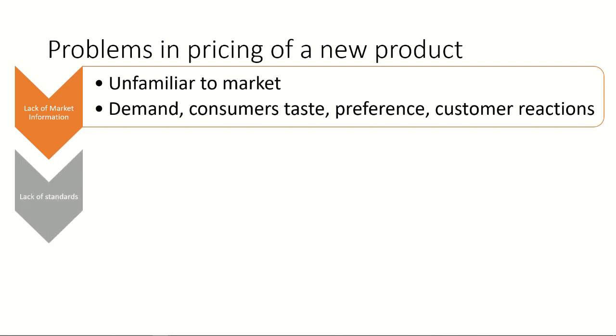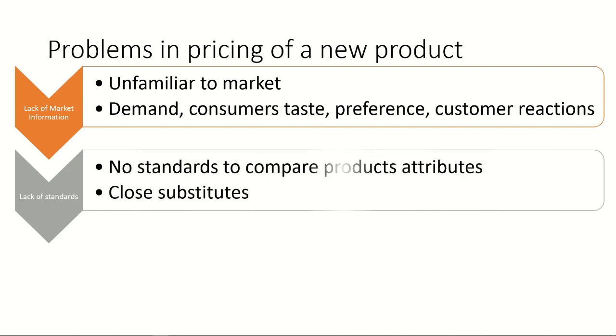And the second one is the lack of standards. If there is a standard, it will help to fix the price. But when a new product is introduced in the market, there is no standard to compare the product attributes. Attributes may be related to quality, design, color, weight, packaging, and price.